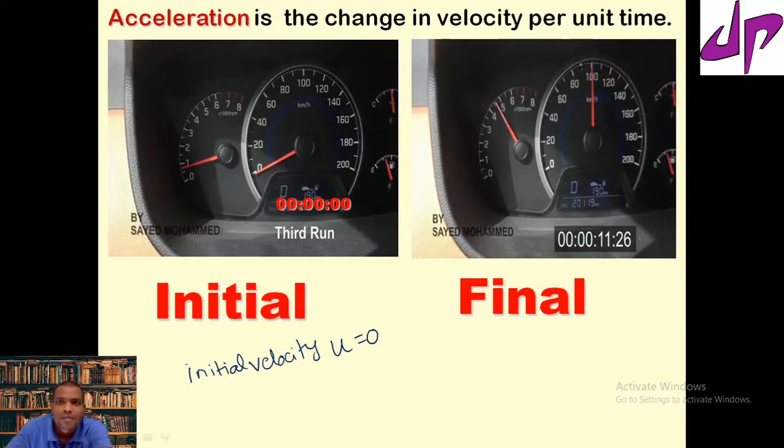This velocity is known as the final velocity. So we have the initial velocity and the final velocity, and the time taken to reach 100 kilometers per hour, which the timer is showing.